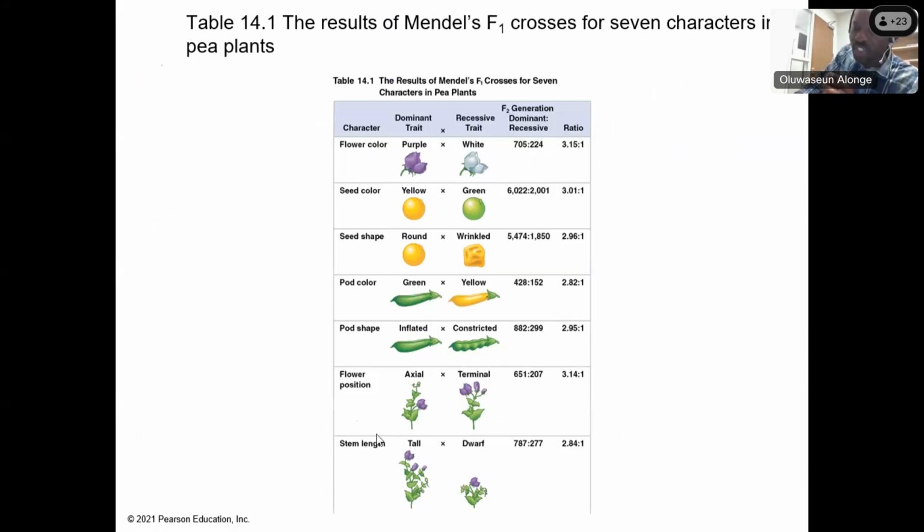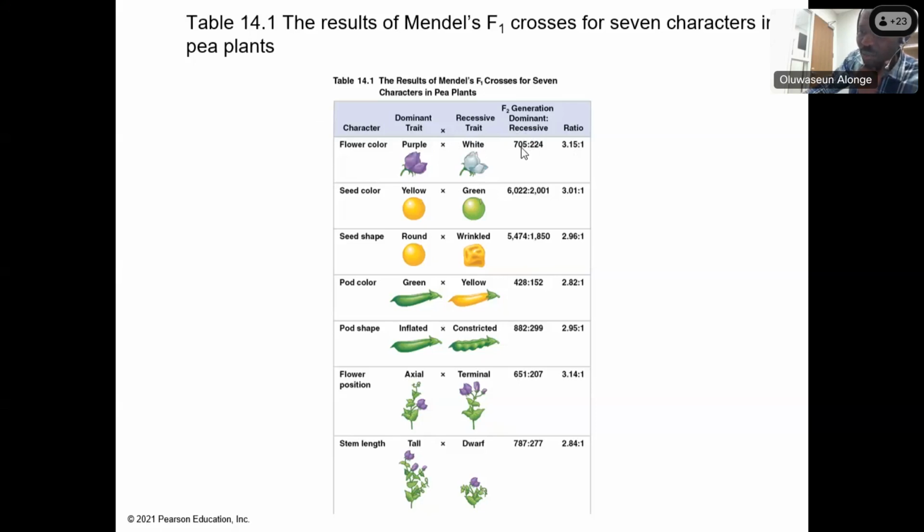So these are the traits that Mendel worked on: the seed color, the flower color, the seed shape, the pod color, the pod shape, flower positioning, stem length. And if you look at the phenotypic ratios, you will see that they all look close.